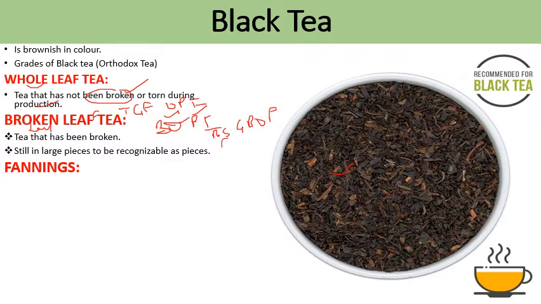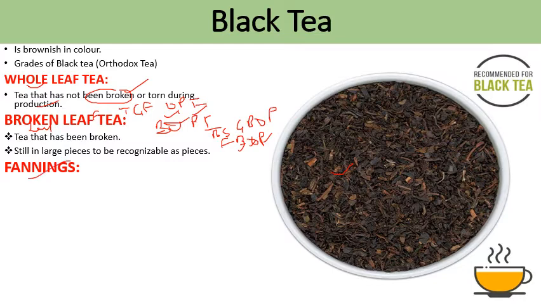Then we have FBOP, that is flowery broken orange pekoe, and BOP, that is broken orange pekoe. So these are the various terms used for broken leaf tea, depending on which leaf of the tea plant is used.